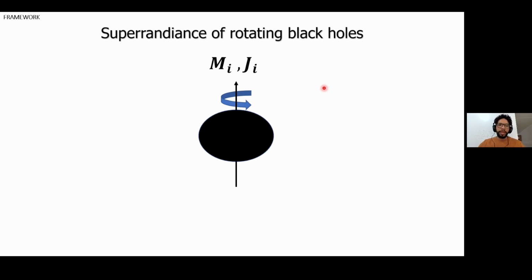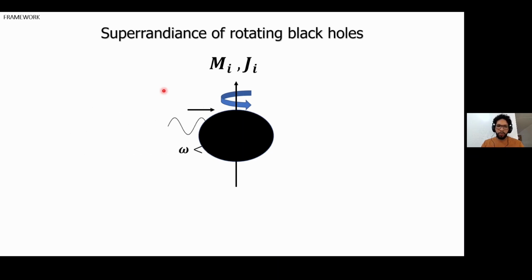Then we assume that we have a black hole described by the Kerr solution, that is, initially this black hole has a given mass and a given angular momentum, and we then have an incident wave that satisfies this condition, which is related to superradiance. Here omega stands for the frequency of the incident wave, m represents the azimuthal number of the wave, and this term here is the angular frequency of the event horizon, right?